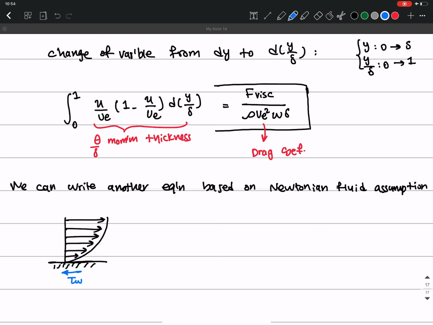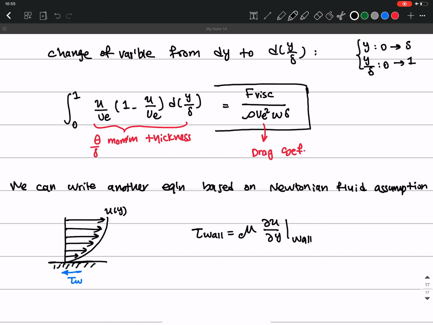And so based on the Newtonian fluid assumption, this stress, or tau wall, is viscosity mu times partial u over partial y at the wall.